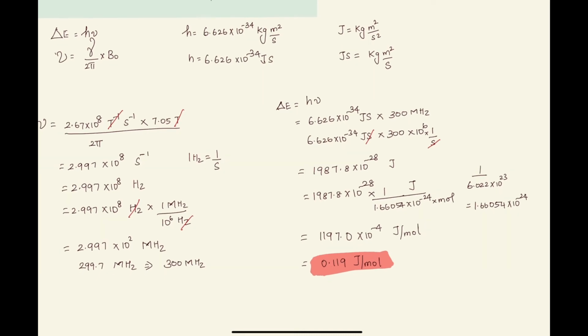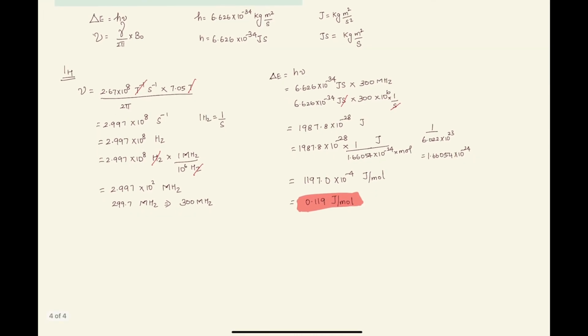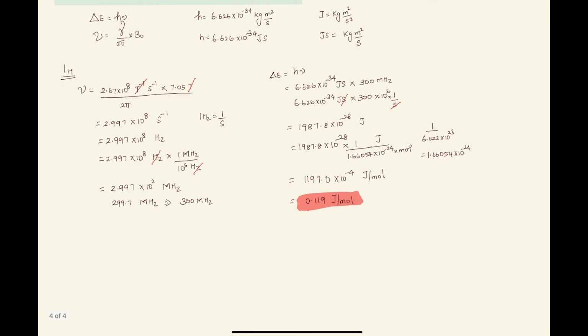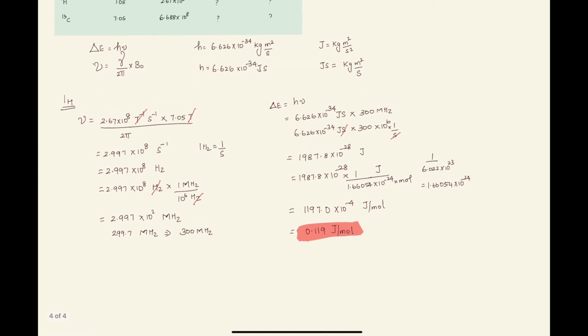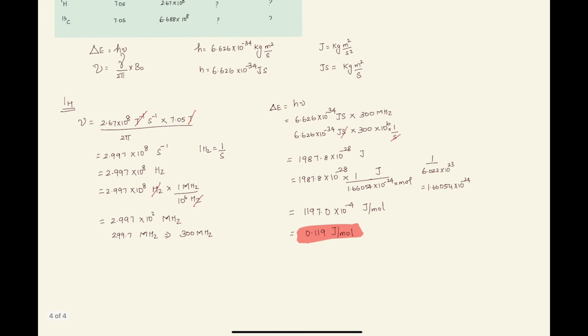Let's do the same thing for the carbon. All you have to do here is find the frequency for which only the gyromagnetic ratio should be changed. So let me set up the equation. That's going to be for carbon 13.